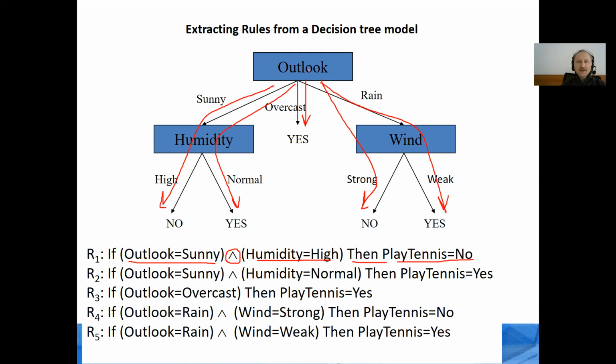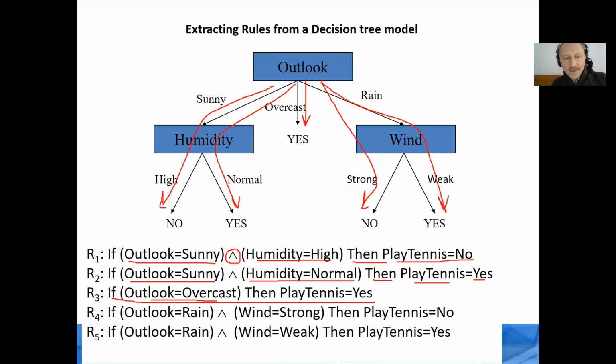Second rule, if outlook is sunny and humidity normal, then play tennis, yes. And if outlook is overcast, you don't need to look at other features, they will always play tennis. This is an interesting rule.